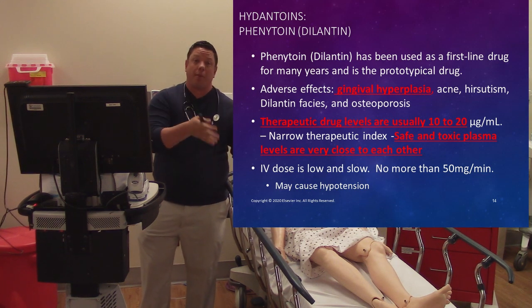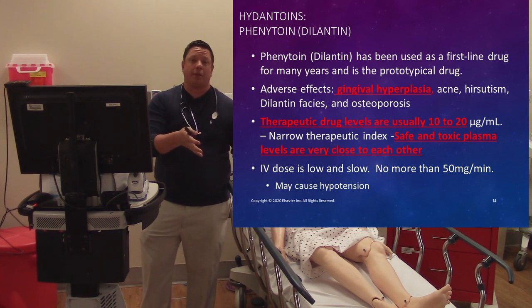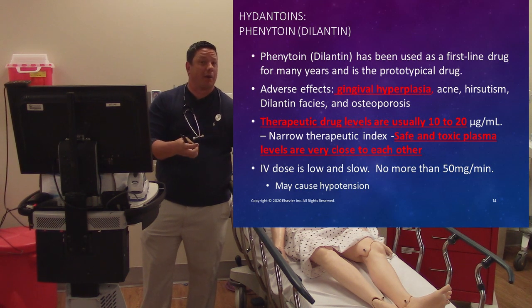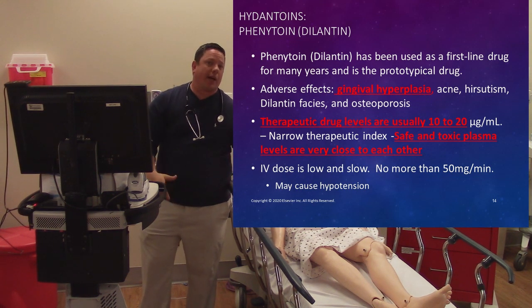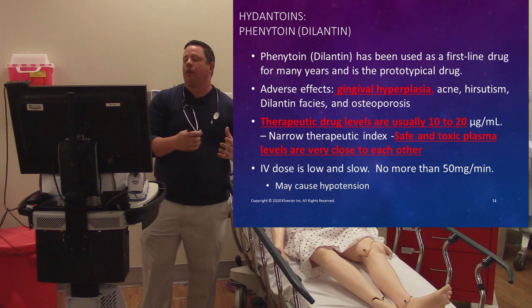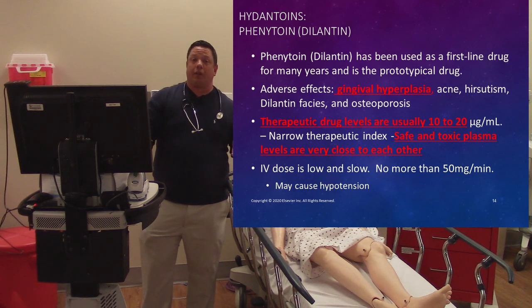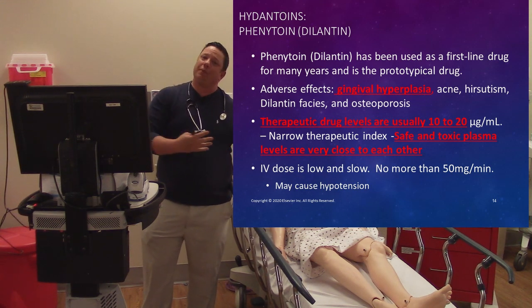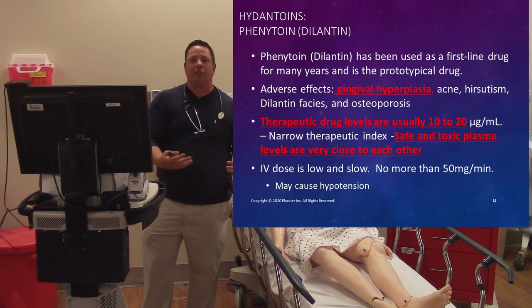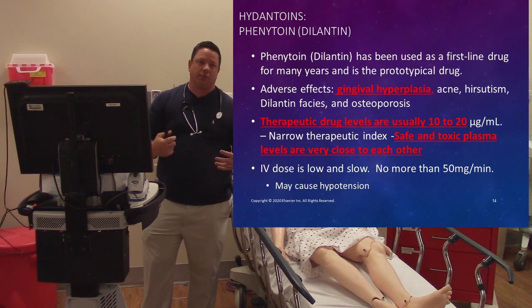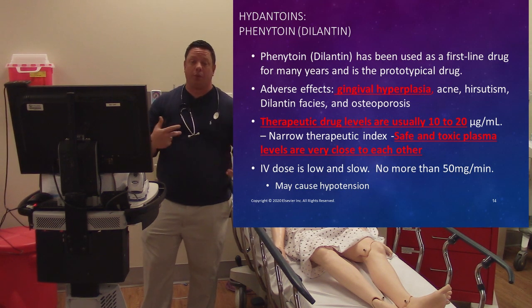Just now I remember my BUN because you need to remember that. It's part of a BMP, basic metabolic panel. I've got all these labs at the end of this, okay? But you need to remember your PHENYTOIN or DILANTIN level is the same as your BUN. It's 10 to 20. You need to know the therapeutic index. You're going to have test questions that ask you if you understand what therapeutic index is and your medication levels.